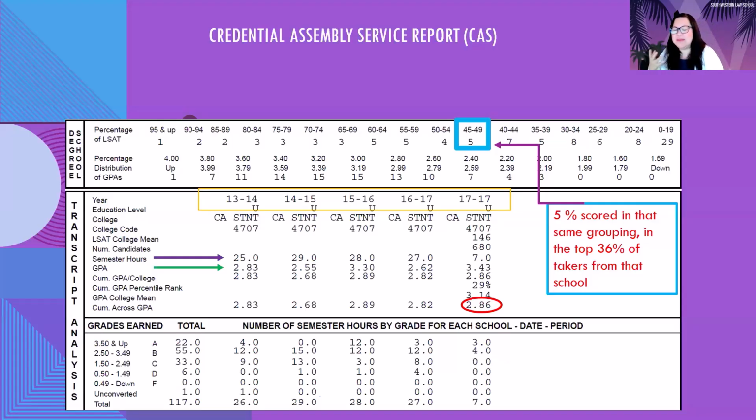So it gives you some sense of how high performing students are from this school on just the LSAT. Okay.